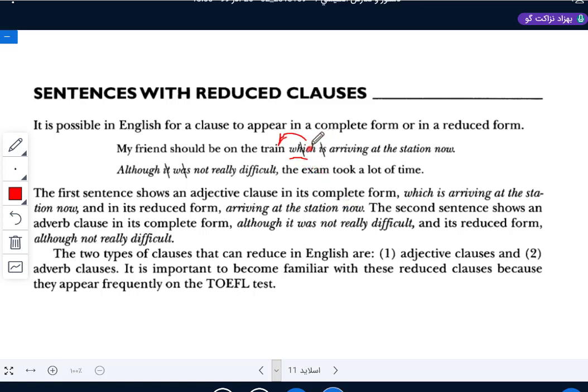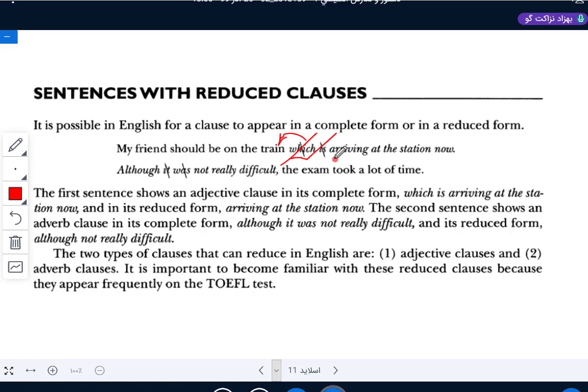In adjectival clause connectors, we can reduce them when the connector functions as the subject at the same time. And as you see, immediately after that, we don't have any subject. So we do away with the connector which functions as the subject. And if there is a be verb, we just do away with the verb be.